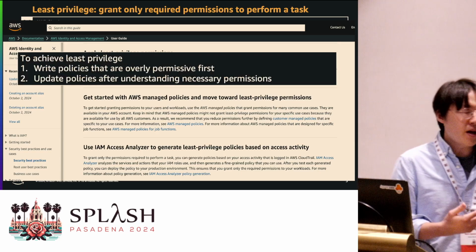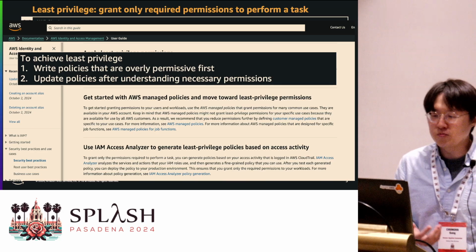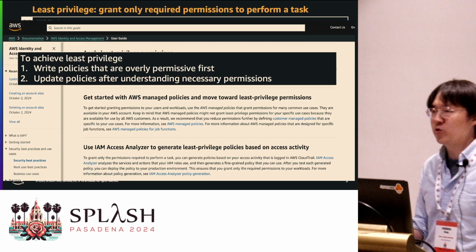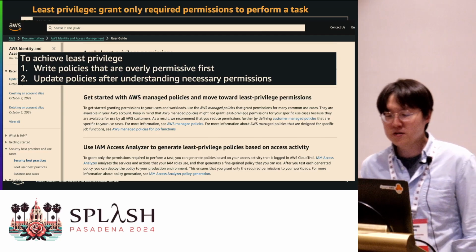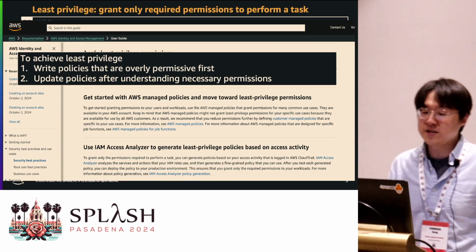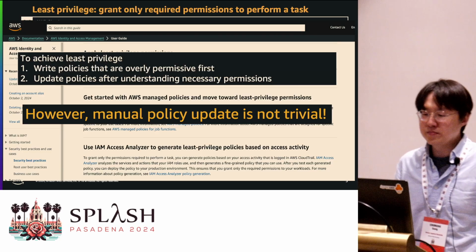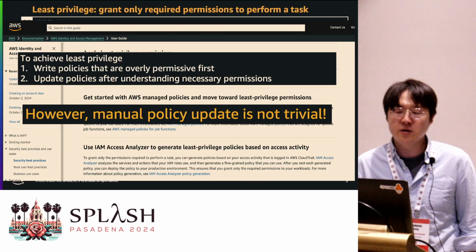Usually what AWS users do is write broad permissions when writing IAM policies, since they don't have exact information about the required permissions at the beginning. And then they achieve least privilege by removing unnecessary permissions, updating the IAM policies they wrote. But manual policy update is not trivial because it requires an understanding of necessary and unnecessary permissions.